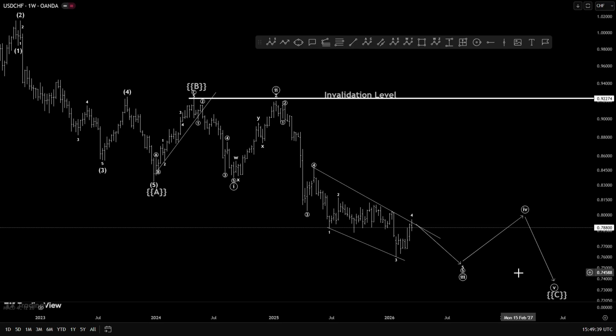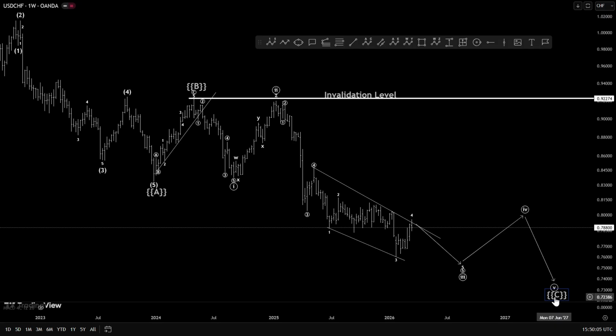After wave 3 completion of this diagonal pattern, which is an end diagonal, we're going to have a corrective structure to the 4, and then we're going all the way down to break the wave 3 point, which will complete wave C. You can see we still have a lot of things to do.